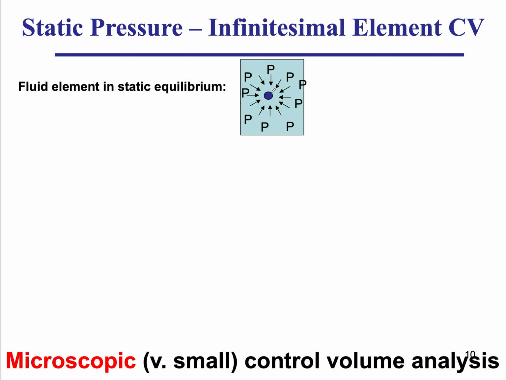I'm just going to pick an elemental, a very tiny fluid element. It does have a weight, it does have a volume, so necessarily it has a weight, and it's a cube that has a dimension dz in the vertical direction, times dx times dy in the other two dimensions.